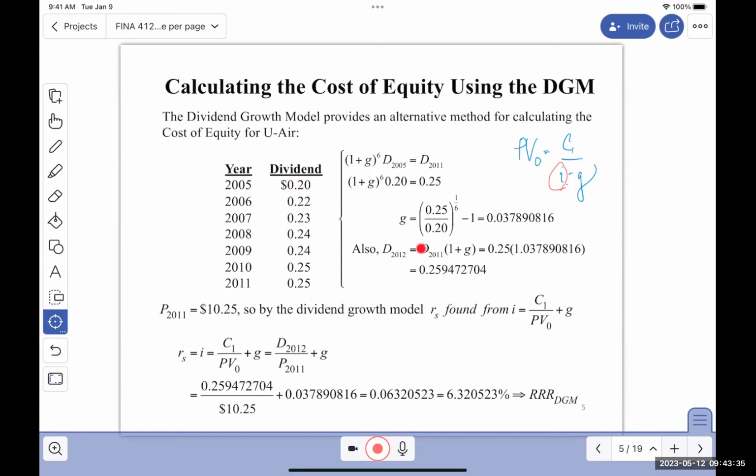So for 2012, where the price in 2011 is $10.25, I give you this information as well. I'll give you everything except for I and G. So G you can compute from the information given, and then I you're going to estimate as the cost of equity for UAIR.